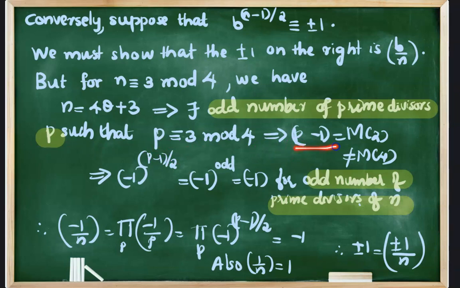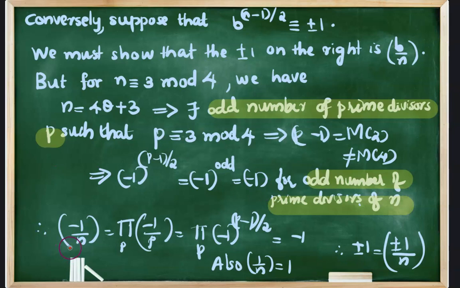And those divisors p will satisfy the condition p minus 1 congruent to 2, so that p minus 1 is a multiple of 2 and it won't be a multiple of 4. Hence, for such prime divisors p, we will have (-1) raised to (p-1)/2 equal to -1 raised to an odd integer. So, that will be equal to -1 itself. Thus, for those odd number of prime divisors p of n, we will have (-1) raised to (p-1)/2 equal to -1.